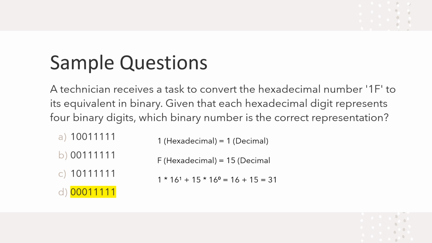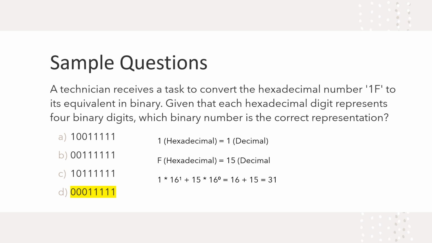So we would take the 1 times 16 to the first, plus 15 times 16 to the 0. So 16 plus 15 equals 31. Okay, makes sense. So when we look at the conversion down here, 0001 1111 is the binary representation.